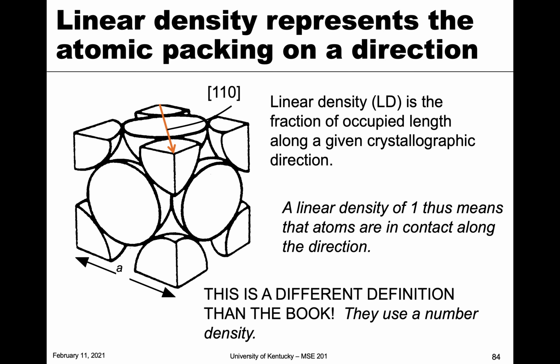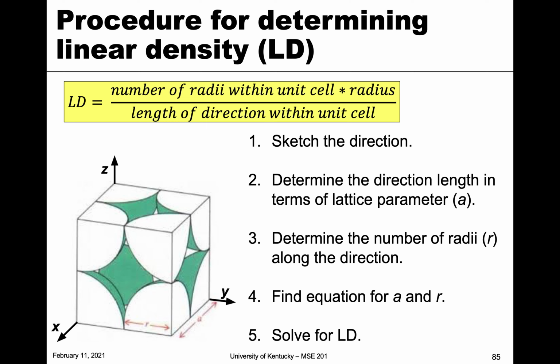So let's get to that definition and the procedure that goes along with it. Again, it's a fairly straightforward definition for linear density, or LD. Basically what we're going to do is look at the number of radii within the unit cell and multiply that by the radius. So how many radii do we have? Multiply it by the radius.